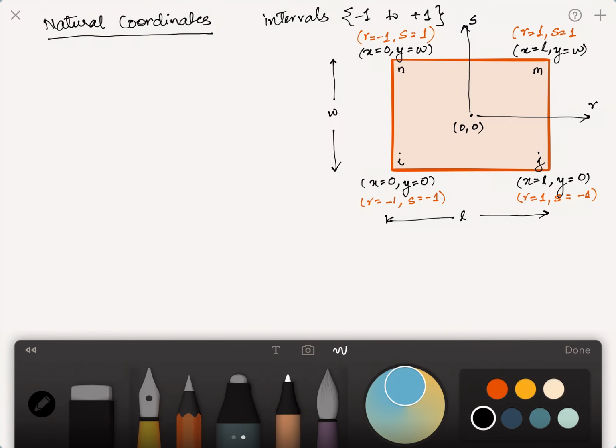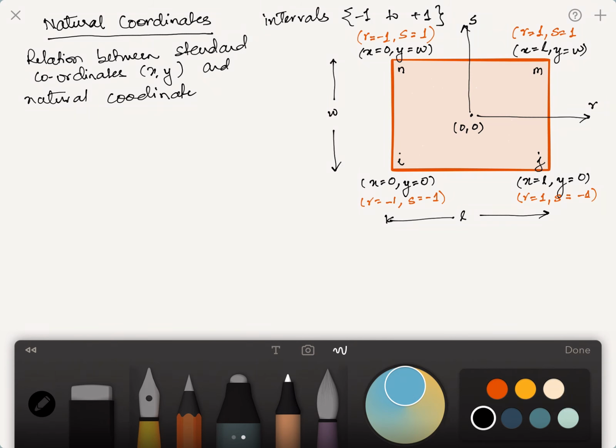So we can finally write for transformation, let's say a simple relation between the standard coordinates x, y and natural coordinates R, S will be given as R will be equal to 2 times x by L minus 1, S would be equal to 2 times y by W minus 1.